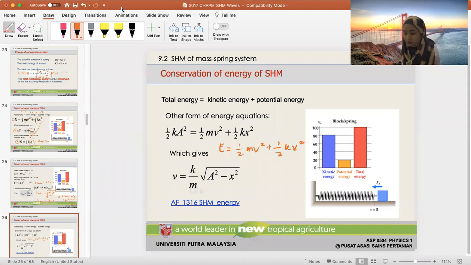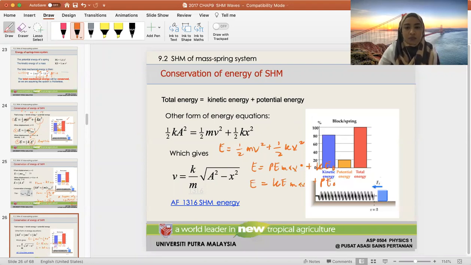Okay, I'm back. So we know that this equation is the total energy, which is KE plus PE. And I told you E is constant, and the value of E will be PE max or KE max, because this happens when KE equals 0 and this happens when PE equals 0.